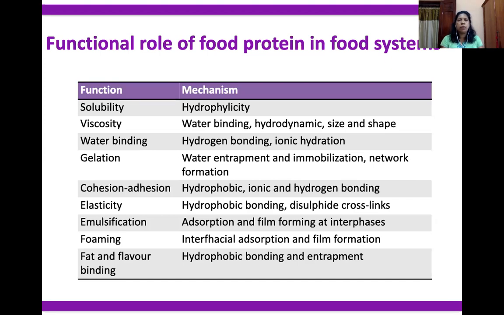Which one has the higher viscosity? Definitely the minced fish. So what is the situation? The size and shape of the proteins are different in raw egg white and minced fish meat, right? That is it.